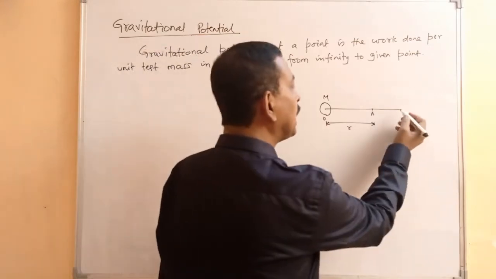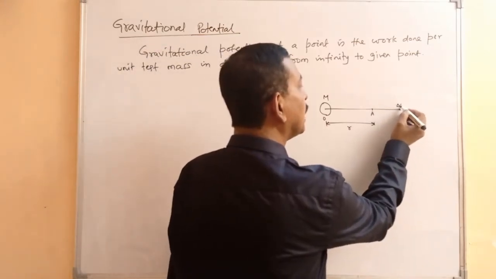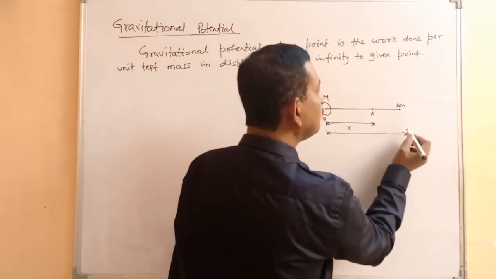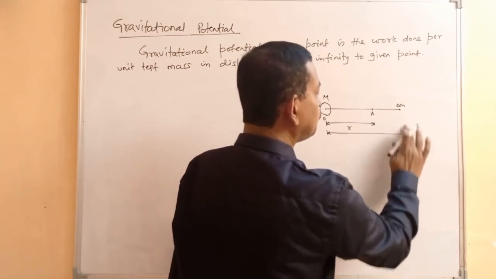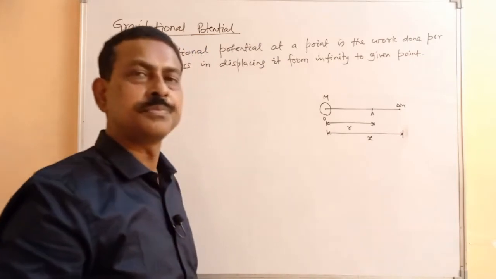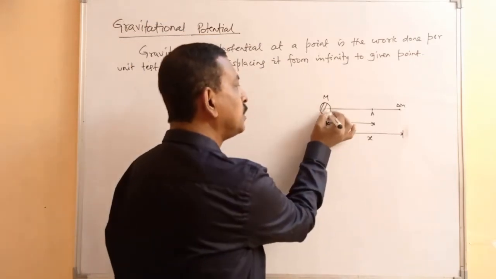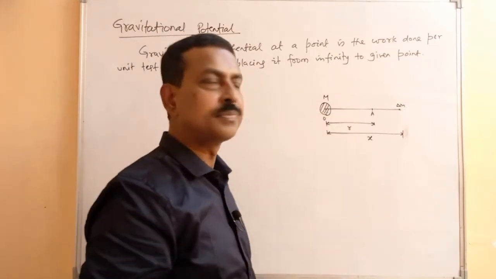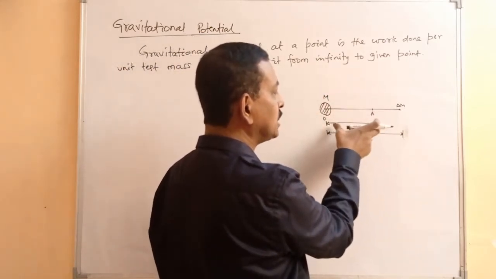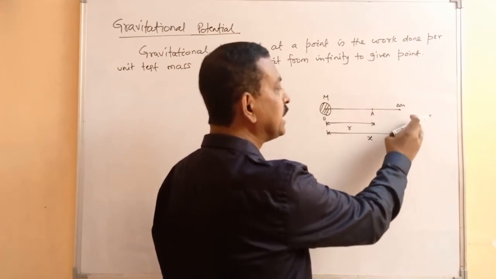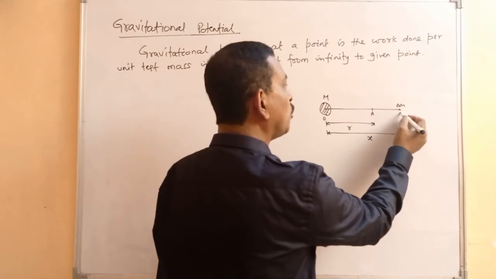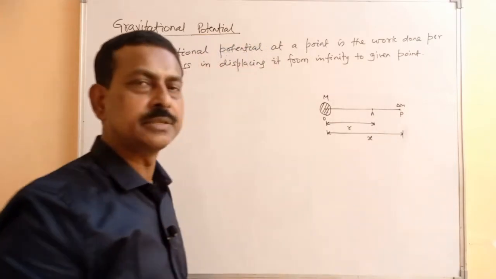Suppose I assume that we have a test mass delta m at any moment at a distance x from it. So this M is the source mass, and we want to find its gravitational potential at a distance r from it. So we take a test mass delta m at a distance x at any moment. Suppose this is the point P where it is located.